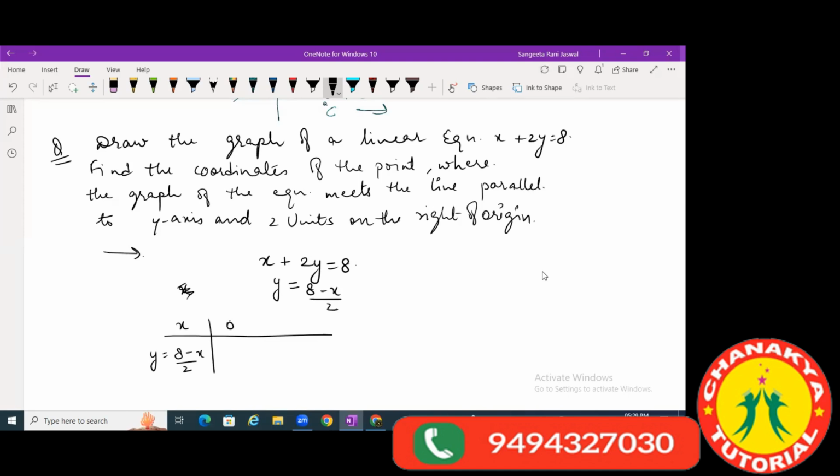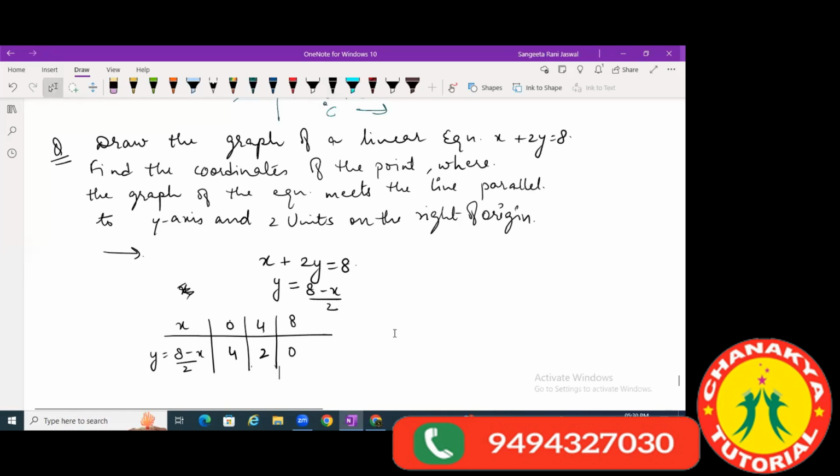Your x is 0 here, so that means your y will be 4. And if your x is 4, then 4 plus 2y is 8, so y is 4 by 2, that will be 2. If I take x as 8, then y is 0. I have taken these numbers, but you can take any number. I have just taken these because they were exactly divisible and easy to take.